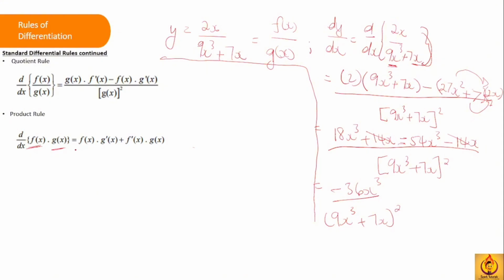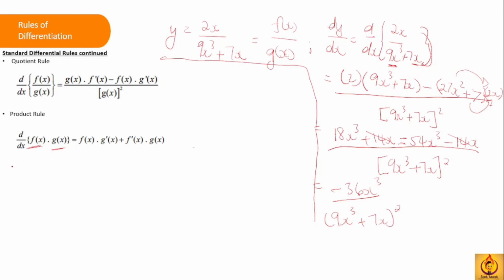In this case, we have f of x and g of x. So if we were to multiply g of x and f of x and then get the derivative of that, the derivative would be f of x multiplied by the derivative of g of x plus, it's a sum, the derivative of f of x multiplied by the function g of x.